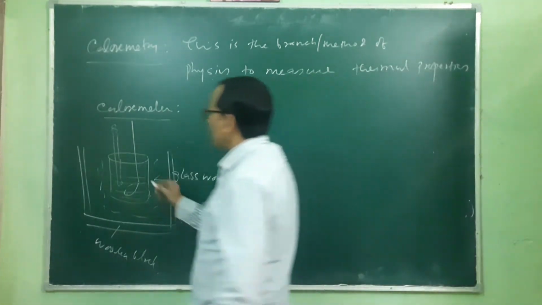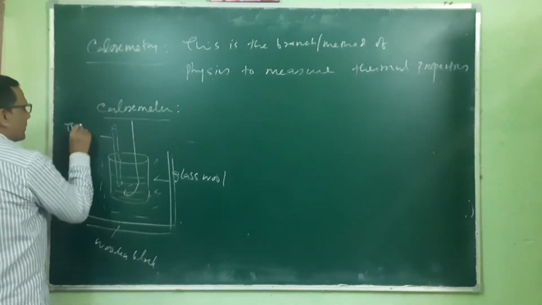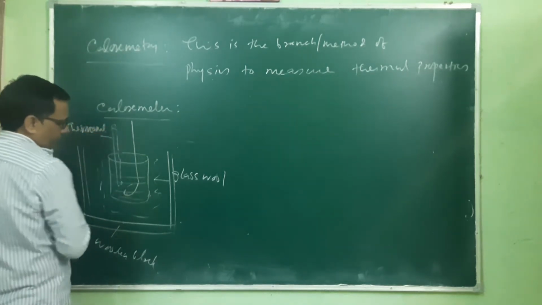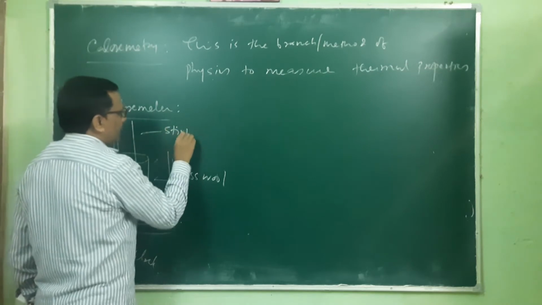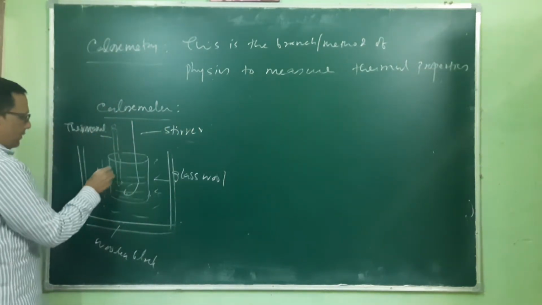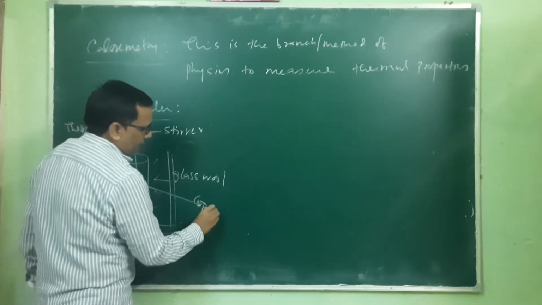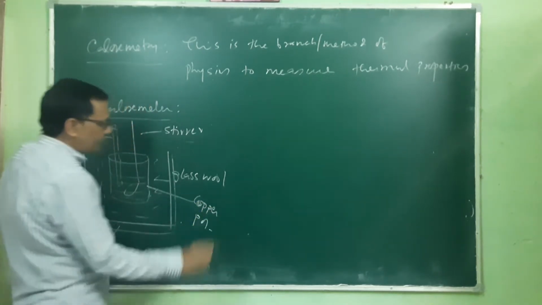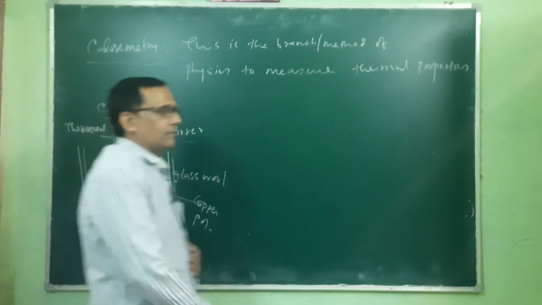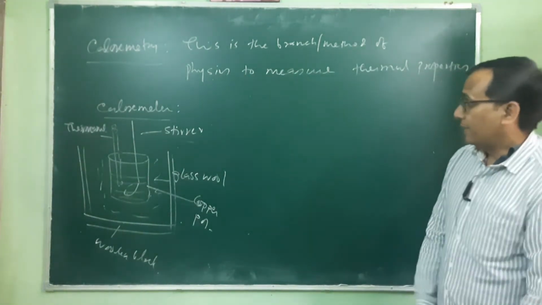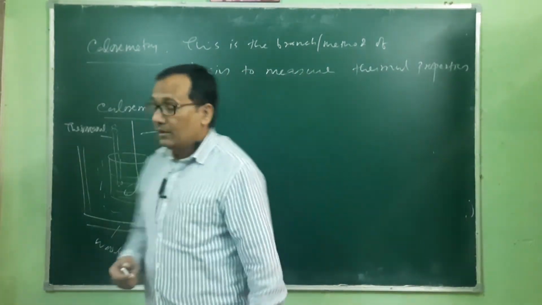So this is the thermometer, this is the stirrer, and this is the copper part. In general, this is a simple structure of a calorimeter.